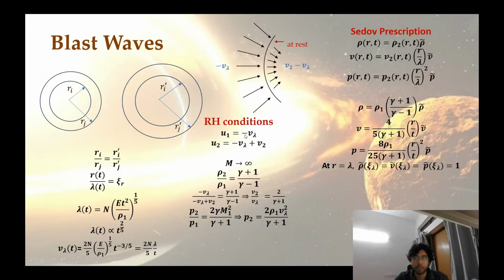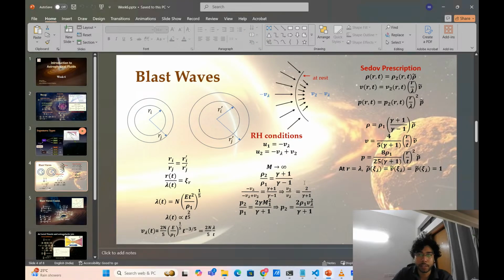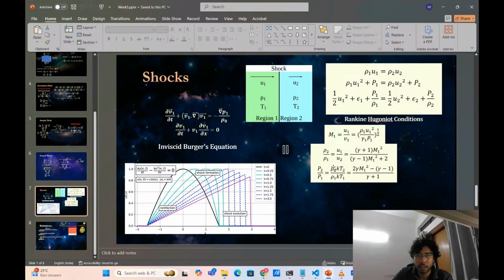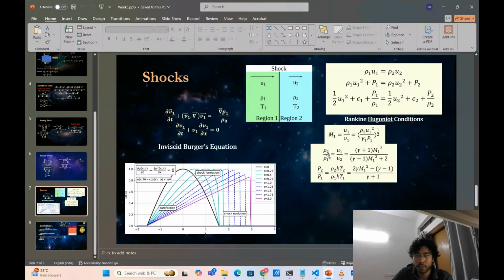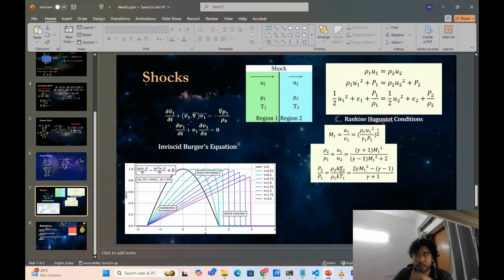So your U1 is minus V lambda, and this U2 is basically V2 minus V lambda. Right? So this is it. Now, if you remember from our previous lectures, if I just go to the slide, here we had derived the rho 2 by rho 1, P2 by P1, and so on, right?